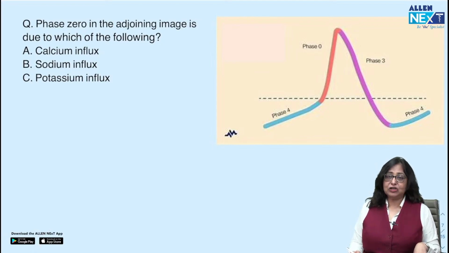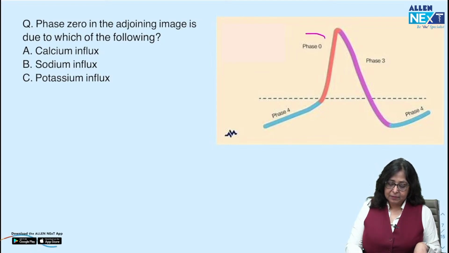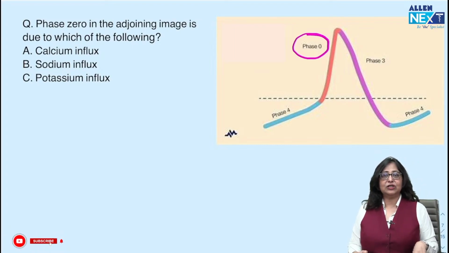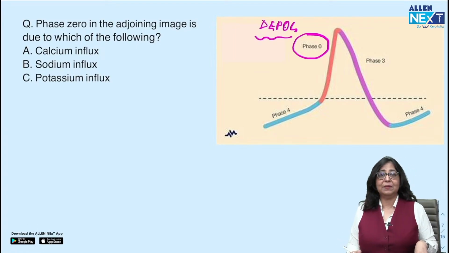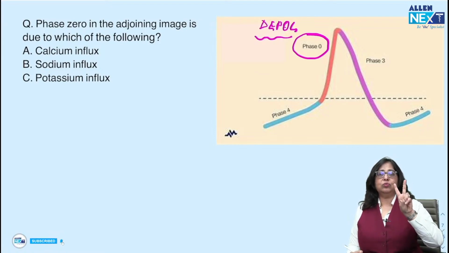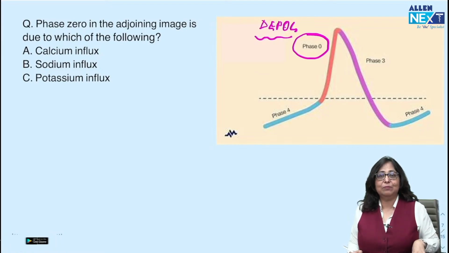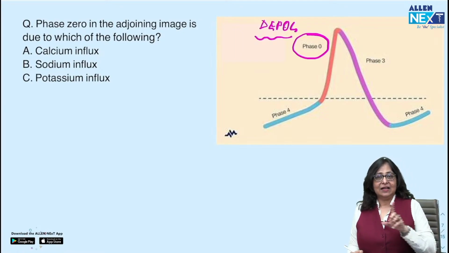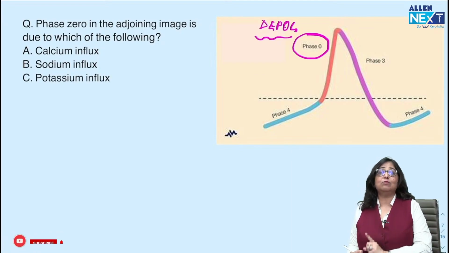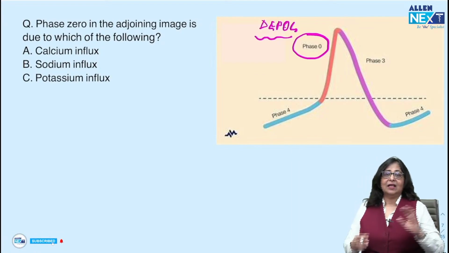Now, pacemaker potential, phase 0, which is the depolarization phase. This is not due to sodium, but in fact due to calcium. There are two tissues where the depolarization is due to calcium, and that is the pacemaker cells and the smooth muscle cells.